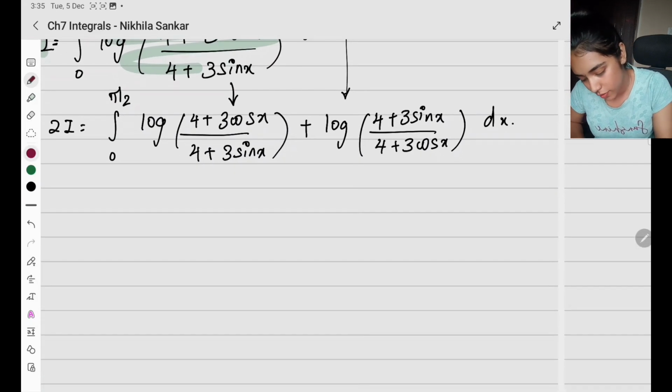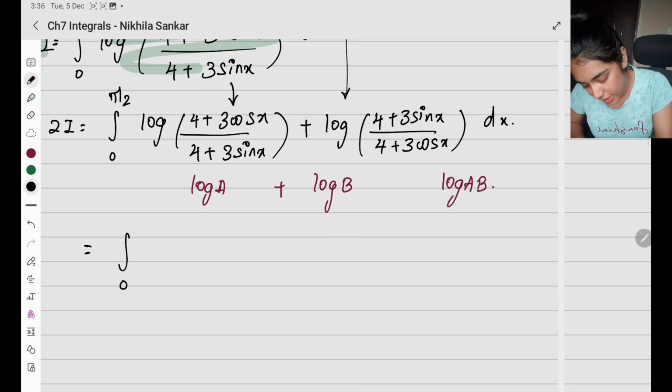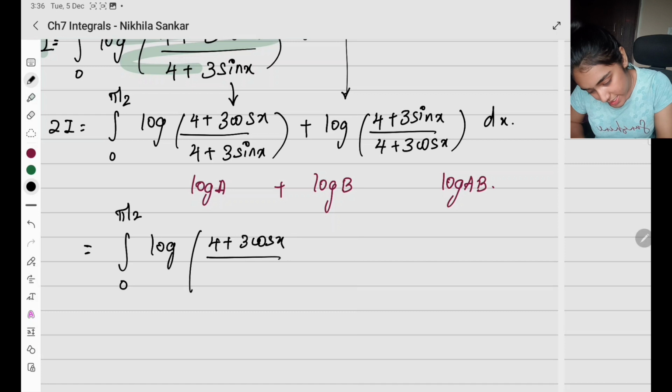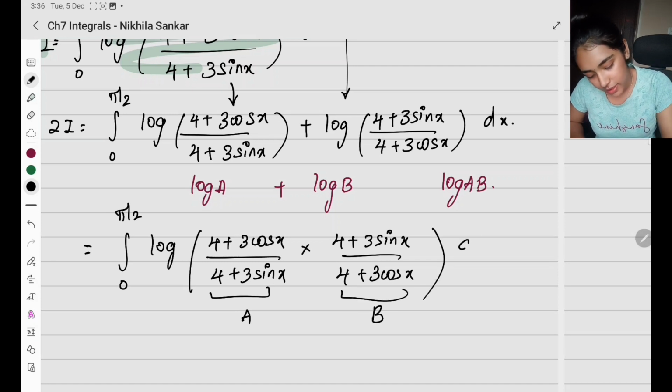Okay, so this is of the form log a plus log b, which is going to be log of ab. So when I solve this, I have integral 0 to pi by 2 log of 4 plus 3 cos x by 4 plus 3 sin x, this is my A, times B, which is 4 plus 3 sin x divided by 4 plus 3 cos x, this is my B, times dx.